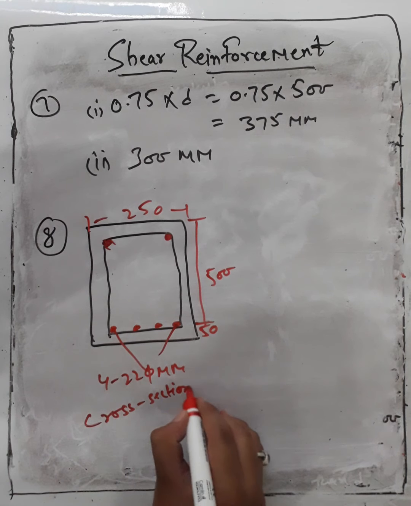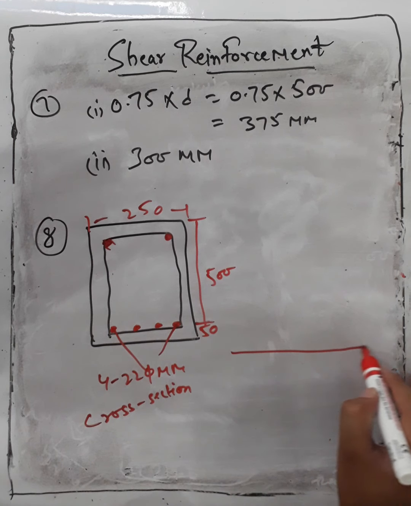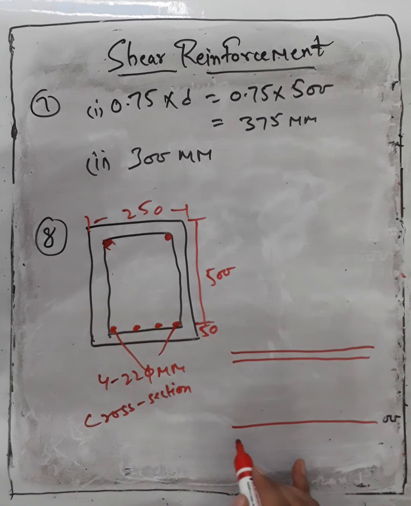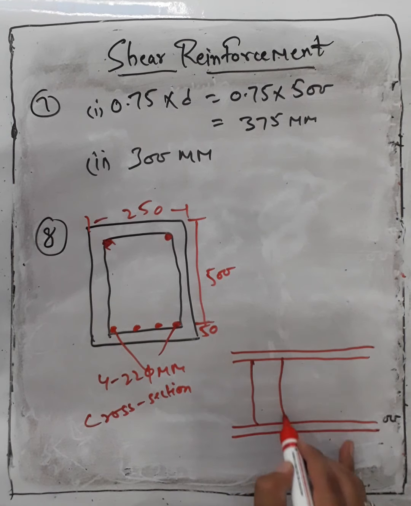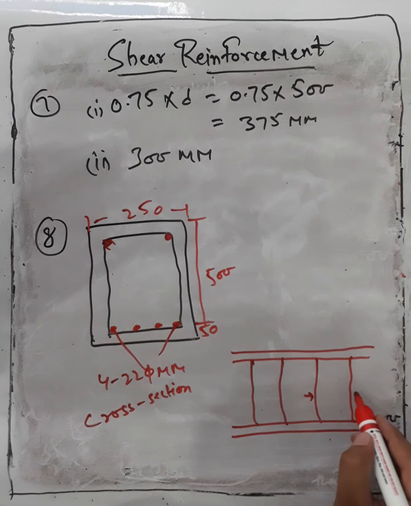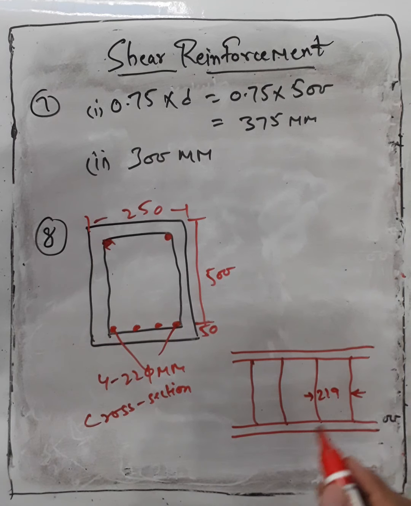We also have to draw the longitudinal section. For that you draw the diagram like this. Here we provide the vertical stirrups. The spacing of the vertical stirrup is 219.